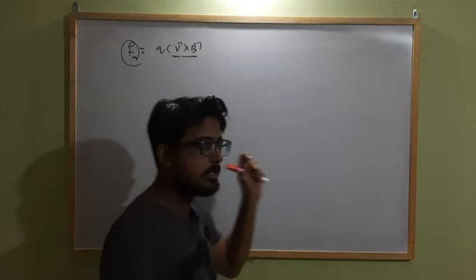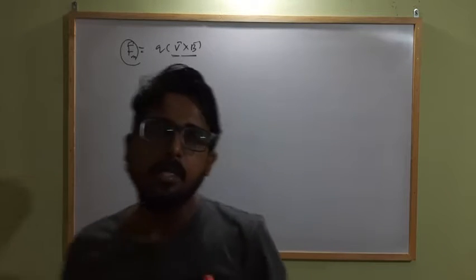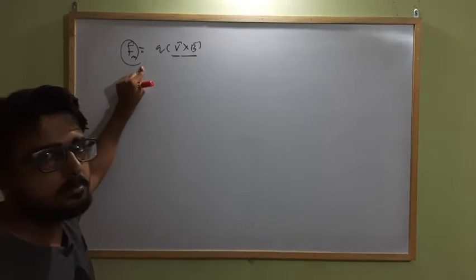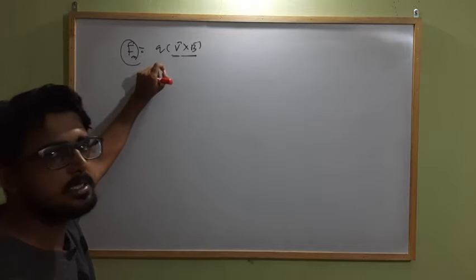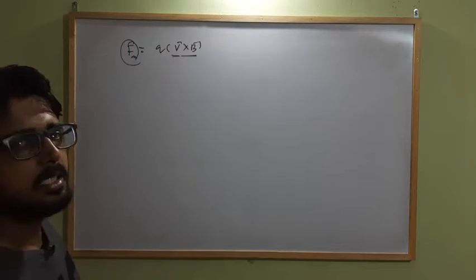That's why the force is always perpendicular to velocity, so it is always perpendicular to displacement. That means the work done by the magnetic force on a moving charge is always zero, as the angle between the displacement and the applied force is 90 degrees.